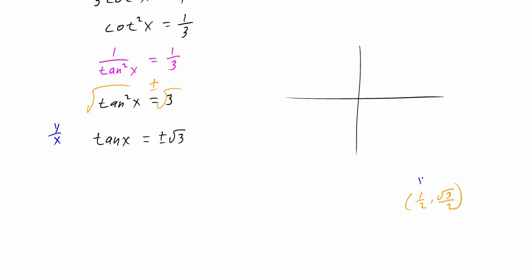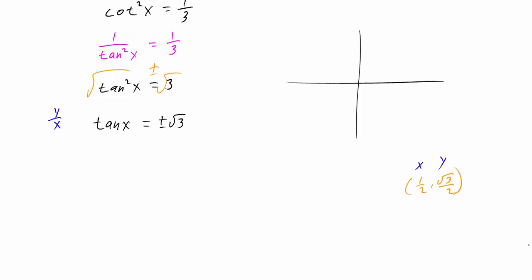So once again here we have your x and your y. So if we were to take the y value, which is the square root of 3 over 2, if we divide that by a half, that's the same as multiplying by the reciprocal, so that would be 2 over 1, and the 2's cancel and we get the square root of 3.